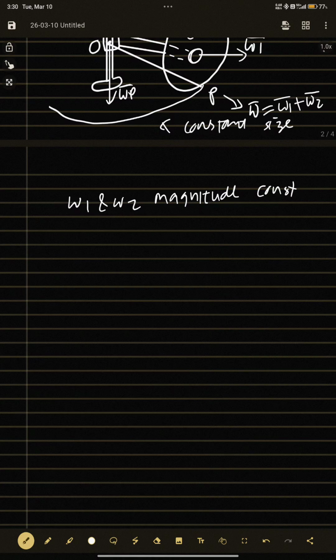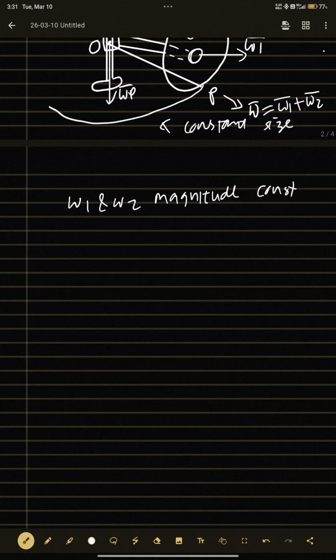So here you see that the size of the cones are changing with time, which is the general case. But whether it is a general case or a case which we are considering where omega 1 is constant, omega 2 is also constant. When I am just saying constant, I mean the magnitude. Because direction, if you see, direction of omega 1 is not constant.